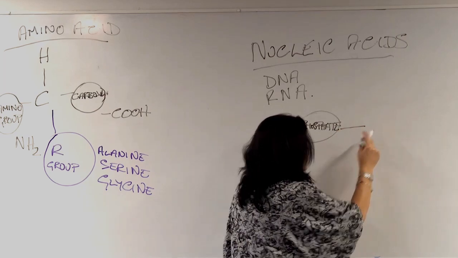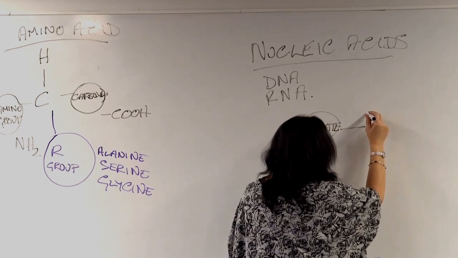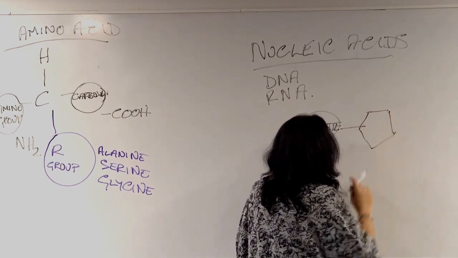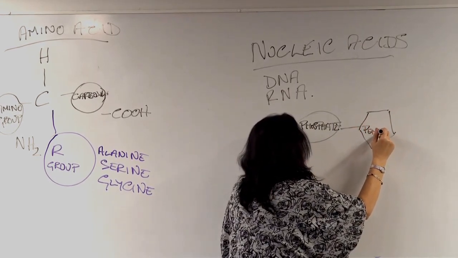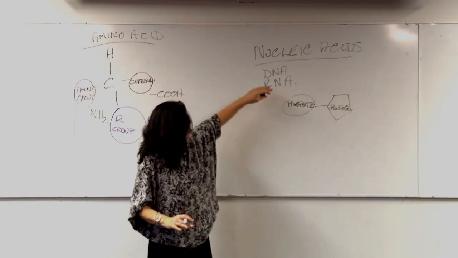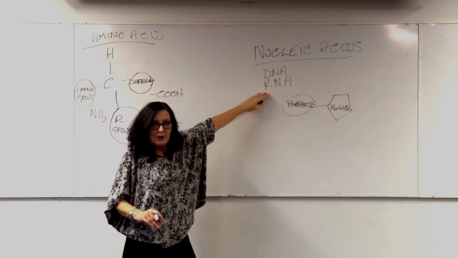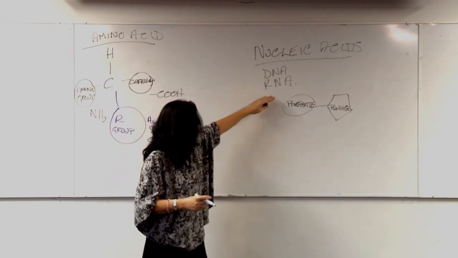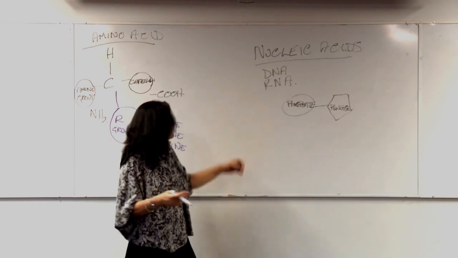This is always a pentose sugar, a five-sided sugar: 1, 2, 3, 4, 5. What determines DNA or RNA is whether this is a ribose, in ribonucleic acid, or a deoxyribose, in deoxyribonucleic acid.